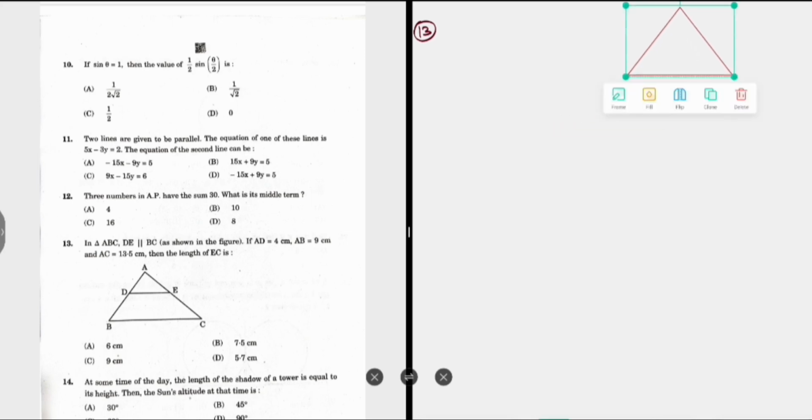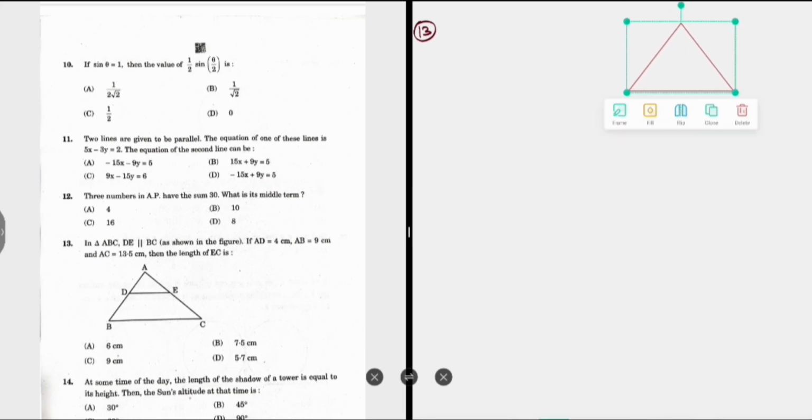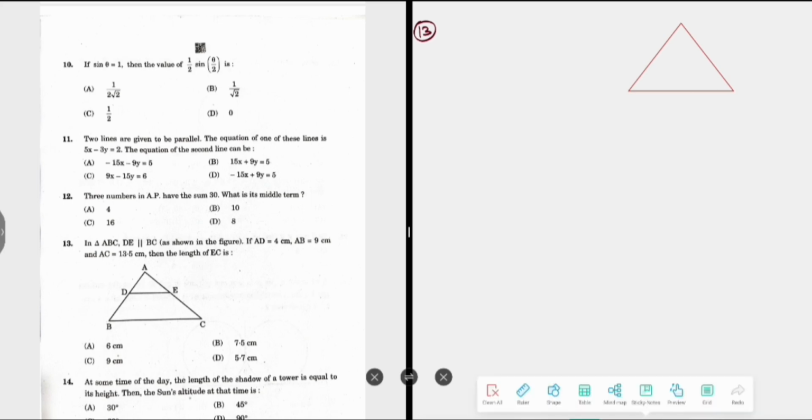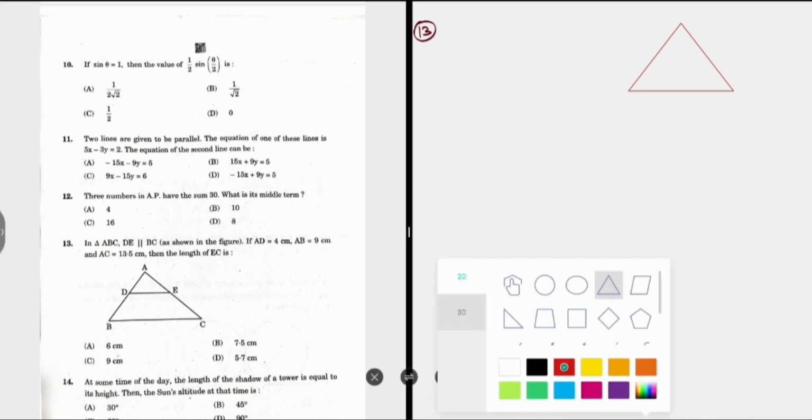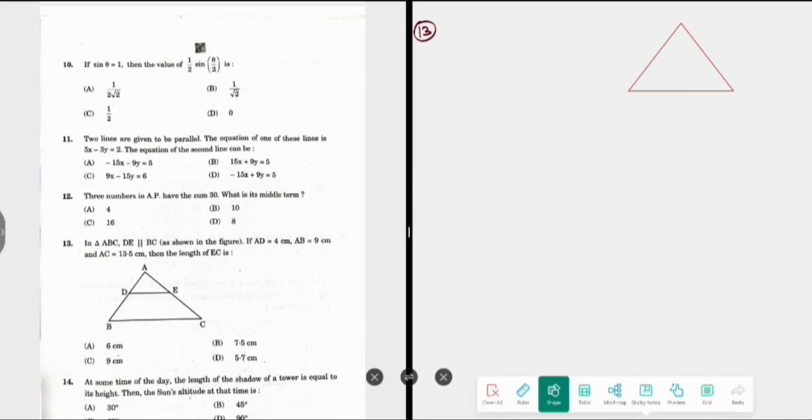So this is the figure, like this it is given, and in this a line is parallel to BC. DE is parallel to BC, it is given.